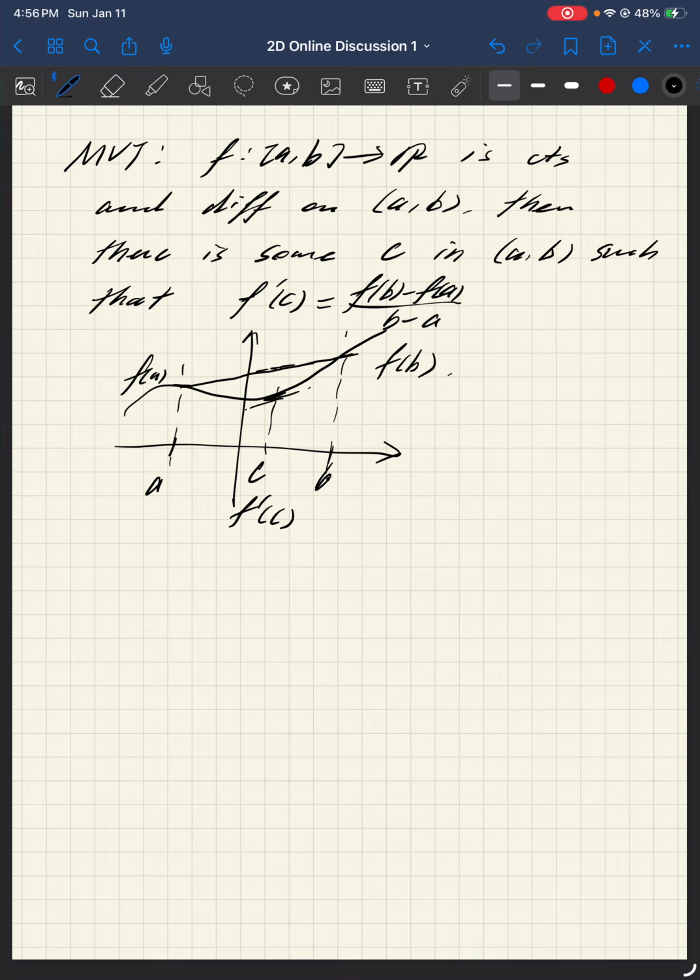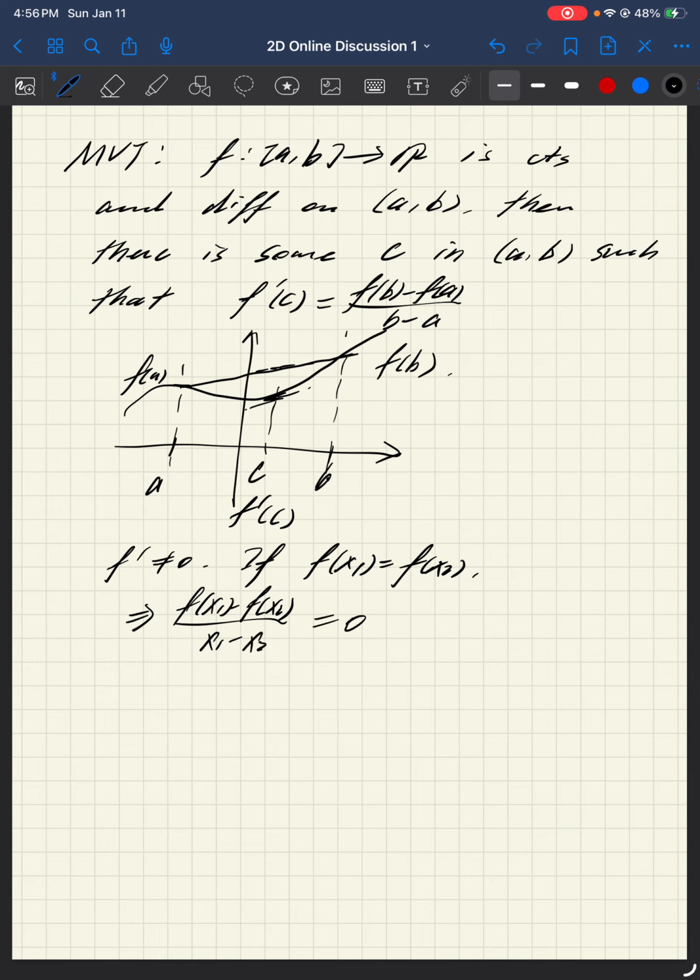So how does this help us? We're given also the condition that f prime is never 0. So if we do have f of x1 equals f of x2, the slope (f(x1) minus f(x2)) over (x1 minus x2) is going to be 0.